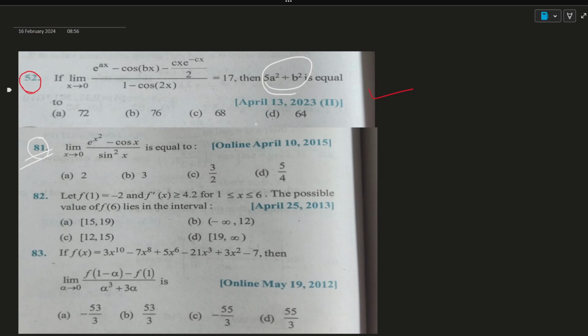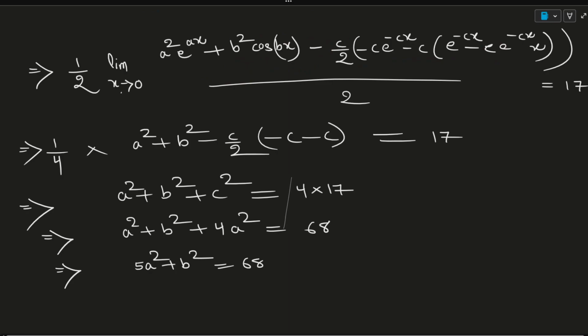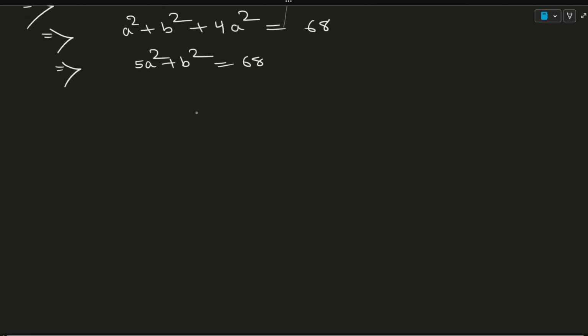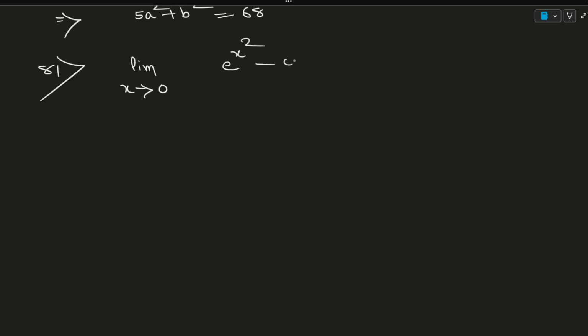Now we'll solve this question. 81 is given: limit x tends to 0, e to the power x square minus cos x, divided by sin square x. Okay, so we'll solve.